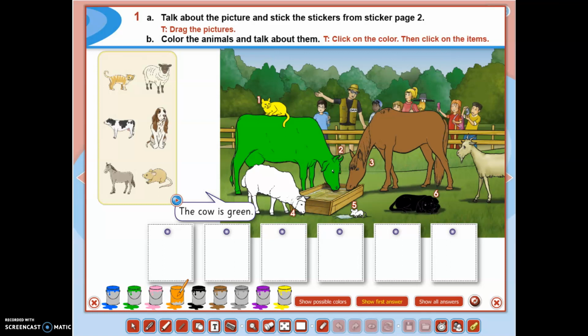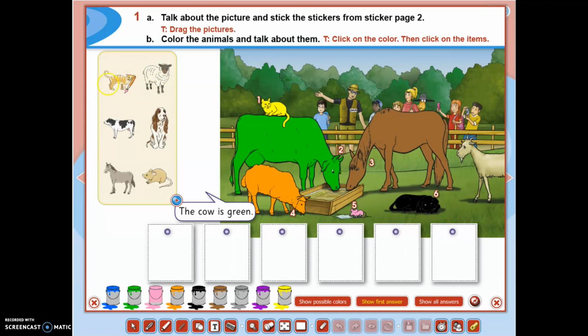Orange. The sheep is orange. Pink. The mouse is pink.